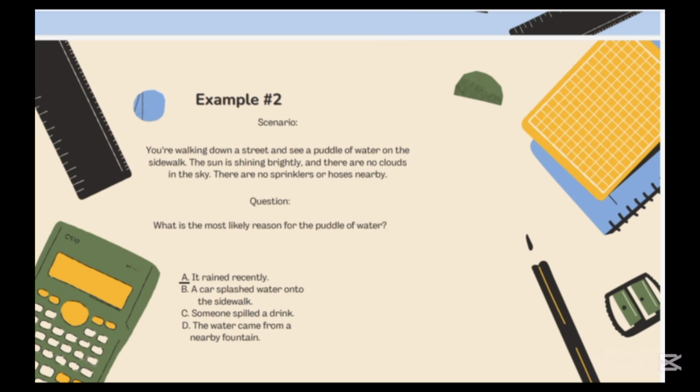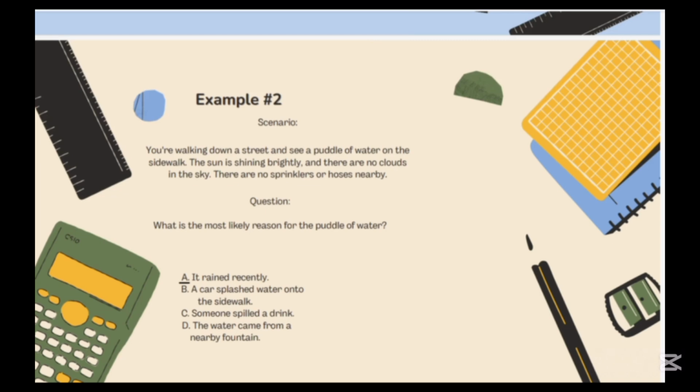Nakakita tayo ng puddle of water, mainit ang panahon. Okay. Wala tayong nakikita na source like rain, ganun. So mag-a-assume tayo.